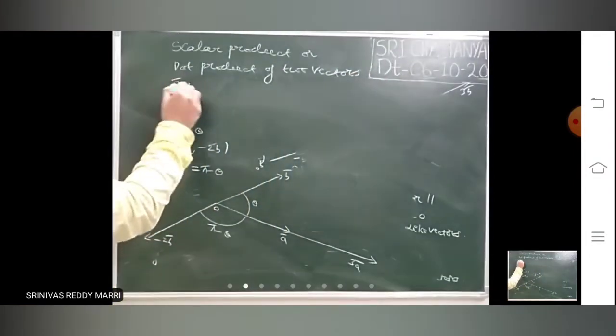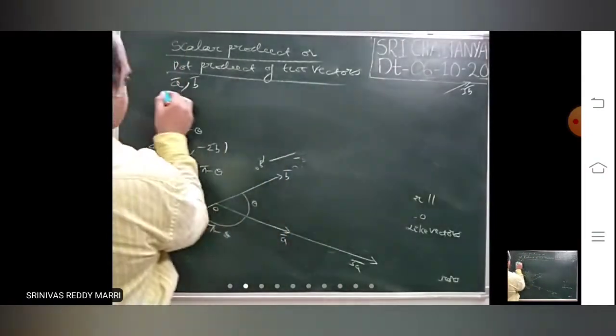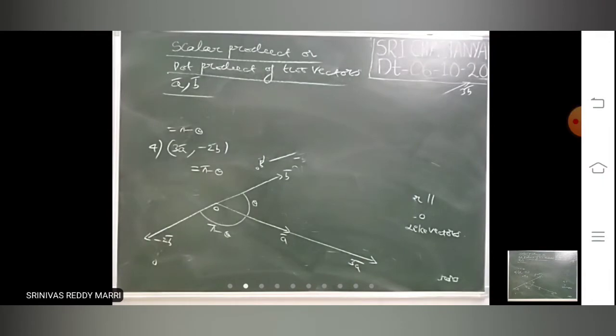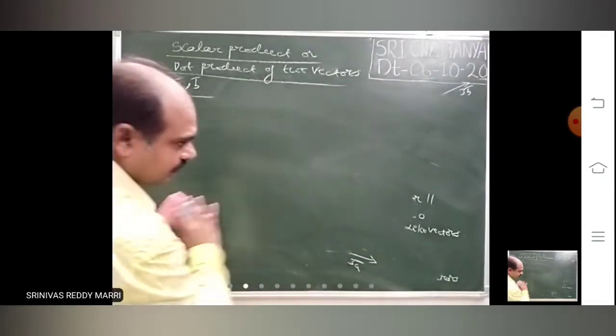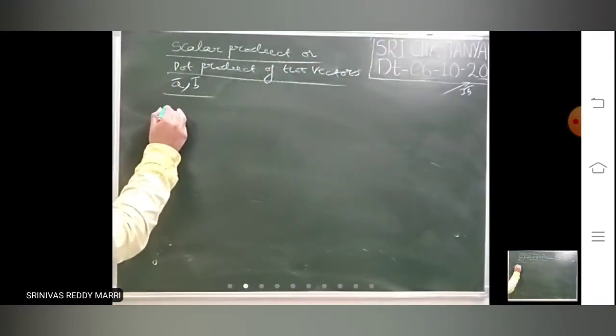Scalar product or dot product of two vectors a bar, b bar. This is the multiplication of vectors.